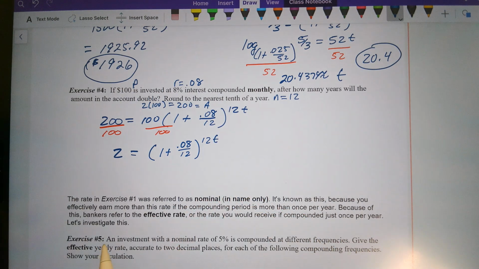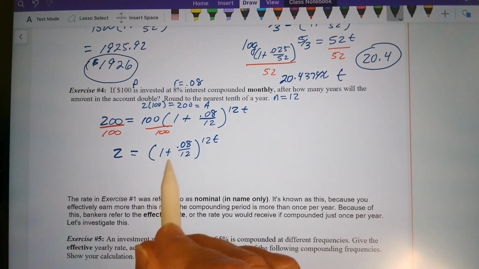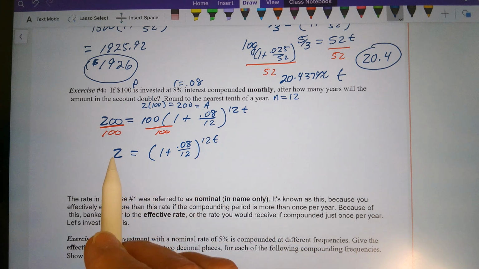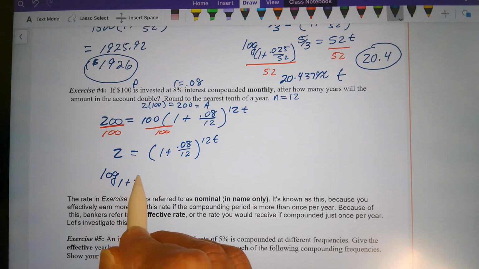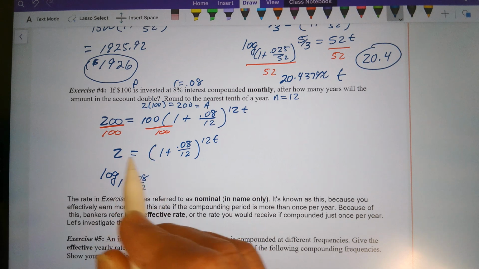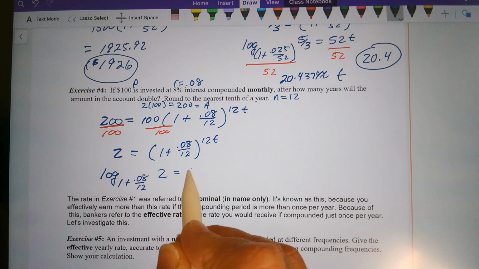Now we switch to log form. This is our base, this is our exponent, and that's our answer. So log base 1 plus 0.08 divided by 12 of 2 is equal to 12t.